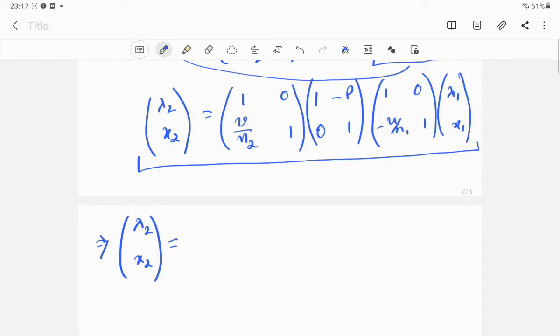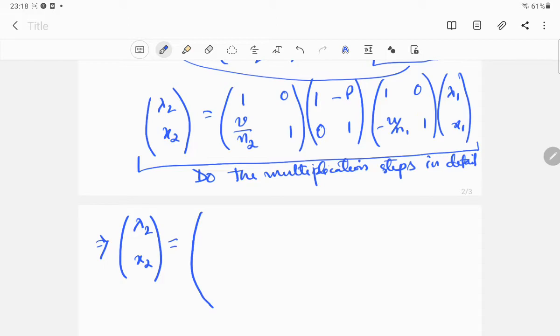So I would like to suggest, do the multiplication steps in detail. Okay, because in exam you can't remember everything.